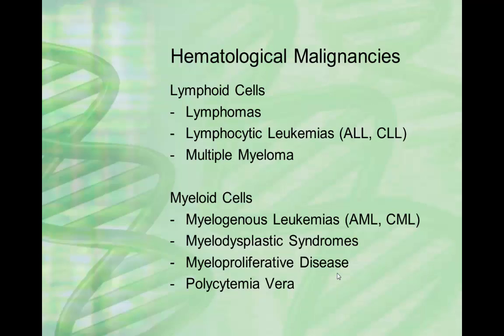If you remember the lineage, you would have the formation of immature cells of the lymphocyte and myelocyte lineage, which are the blasts. So you're going to have a high proliferation of blasts in leukemias.